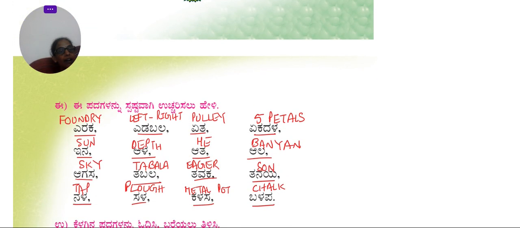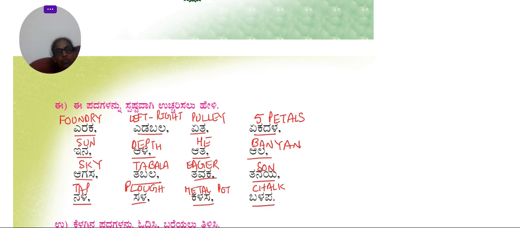Here again, Eraka, which we have already seen. Eraka is a foundry where you cast a metal to a given mold or shape. Eda bala: eda is left, bala is right, the directions left and right. Eta means the pulley used to draw water out of the well.